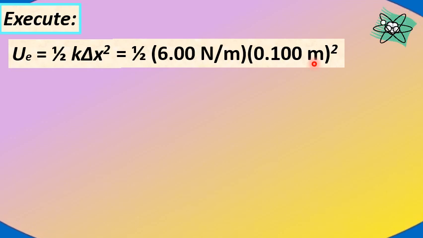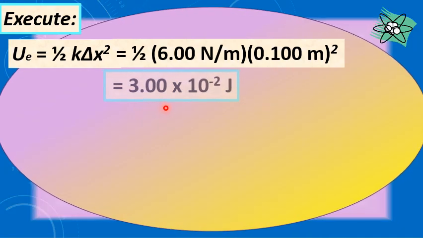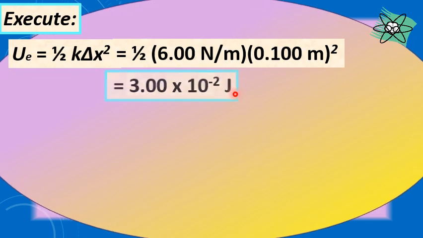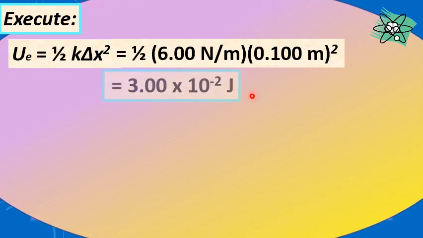Doing our math, we get the elastic potential energy U sub E equal to 3.00 times 10 raised to the negative 2 power joules, in 3 significant figures.